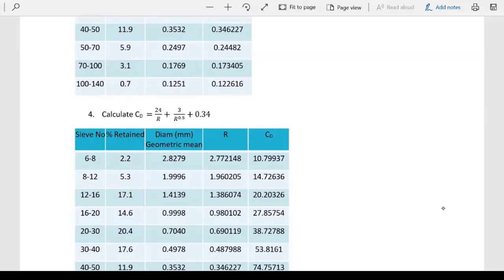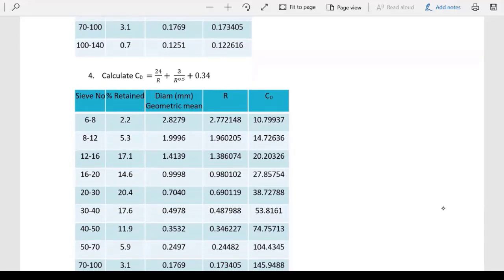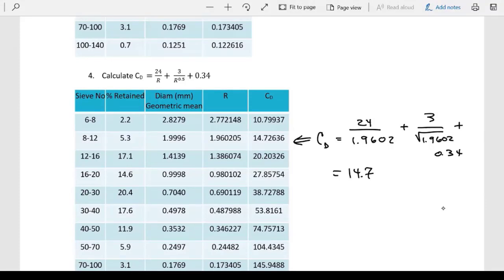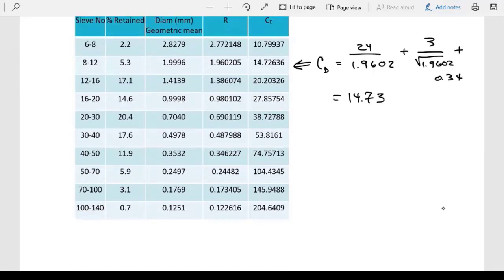So we will use the general form for the coefficient of drag. We have the R values. For this distribution here, the coefficient of drag is equal to 24 divided by R plus 3 divided by the square root of R plus 0.34, and that's equal to 14.73. We continue doing the same set of calculations for each of these sizes.